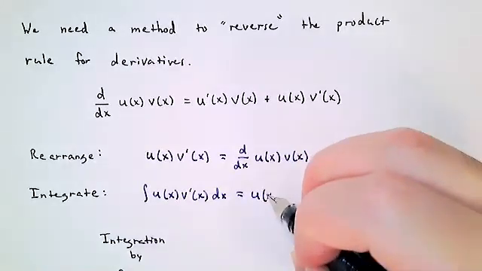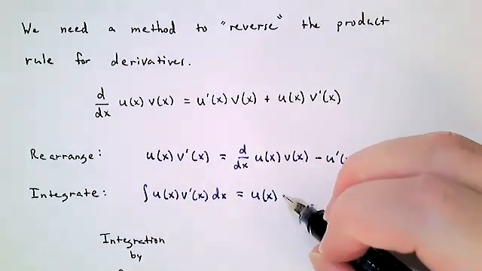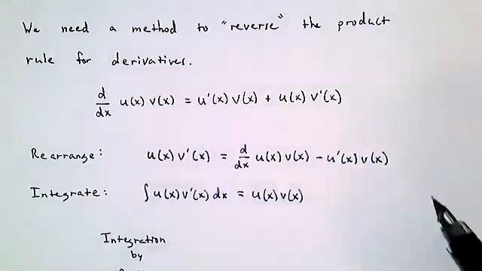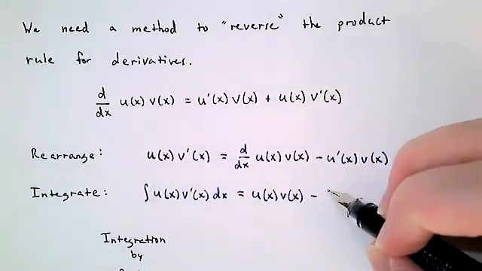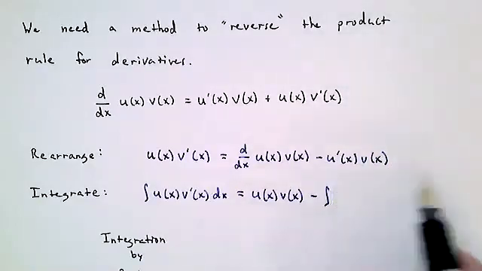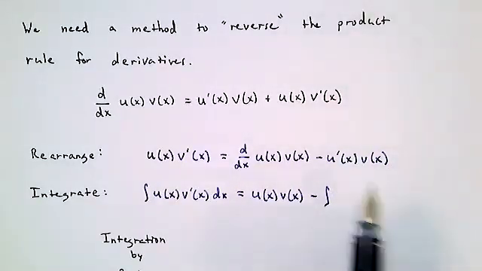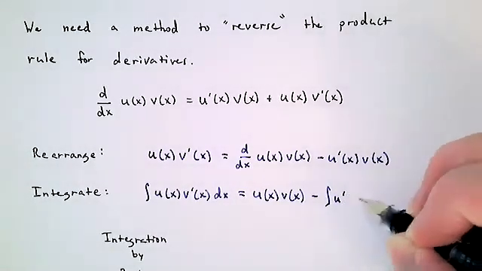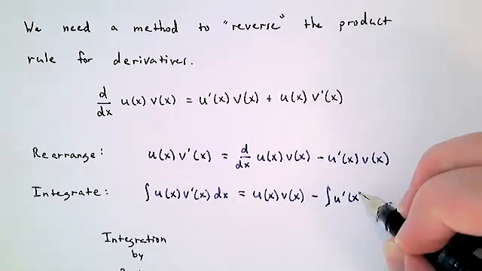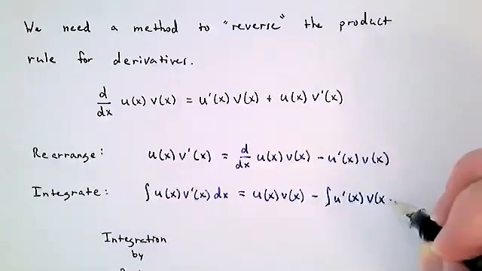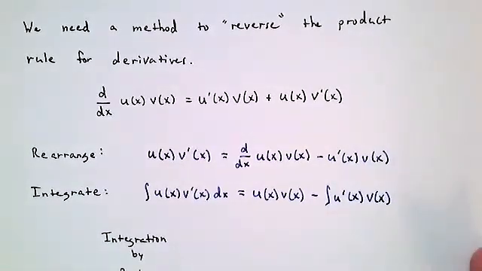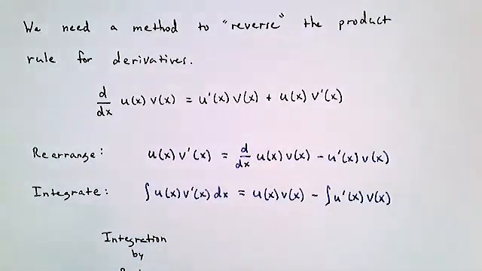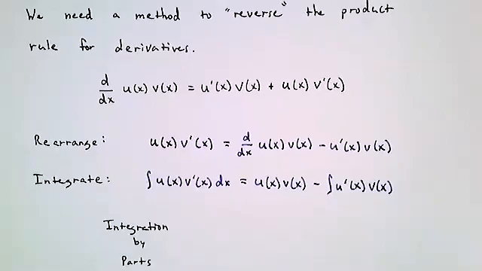So we just have the functions by themselves. We've gotten rid of the derivative, and then we subtract, and we have to integrate this term. It doesn't have a derivative that just cancels off the integral. So we need an actual integral here. And this is the rule for integration by parts.